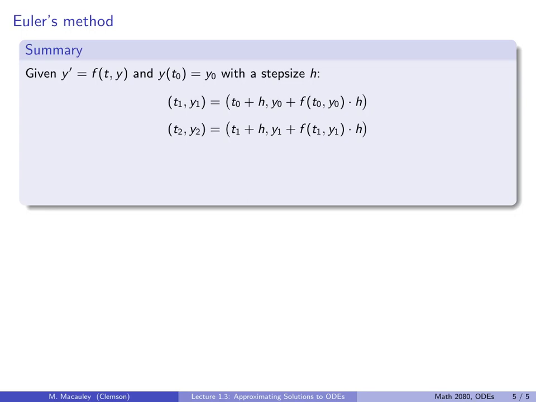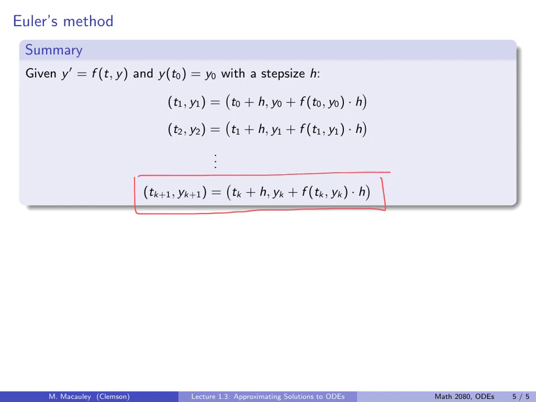For the next point, we do the same thing. We take our old t value and add the step size, and our old y value and add y prime times h. And so you can see the pattern. This is the formula that I want you to learn. I don't care if you memorize it or learn the process, so you don't have to memorize it.